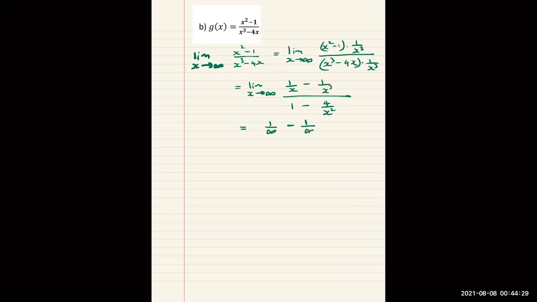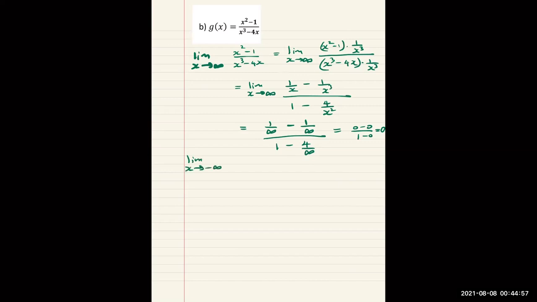So you have the 1 over infinity form divided by 1 minus 4 over infinity. But I know that this form gives me 0. This is 0. This is 0. So my answer is 0 minus 0 divided by 1 minus 0, which is 0. Answer is 0.